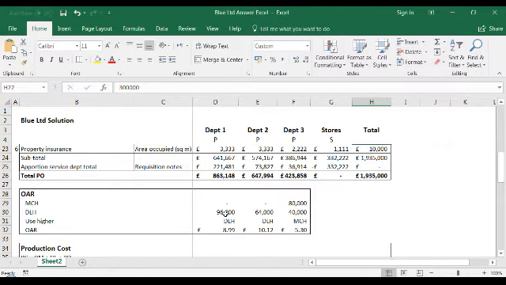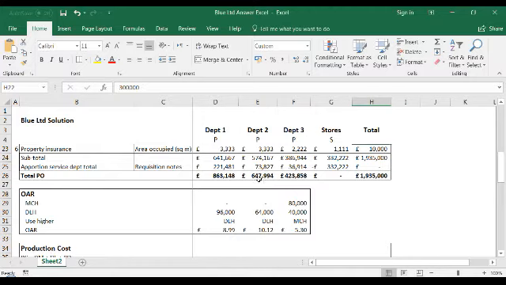So in this case, this is the total overhead for department 1, and these are the total direct labor hours. So this divided by direct labor hours gives us 8.99 pound per labor hour. That is the overhead absorption rate.